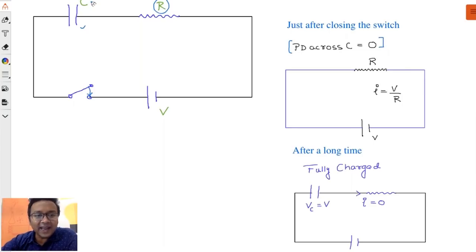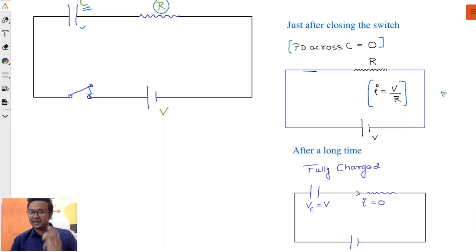Then we can technically replace this capacitor in the circuit by a straight wire. In the place of the capacitor, we just have a straight wire out here. All right. And the current in the circuit is given by the simple Ohm's law equation, that is I equals V upon R.